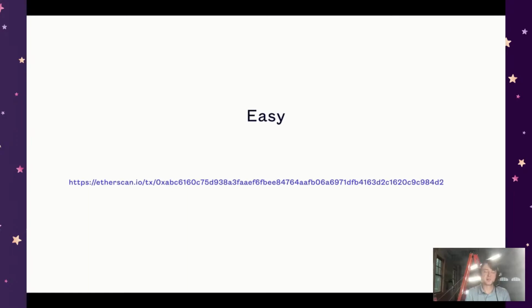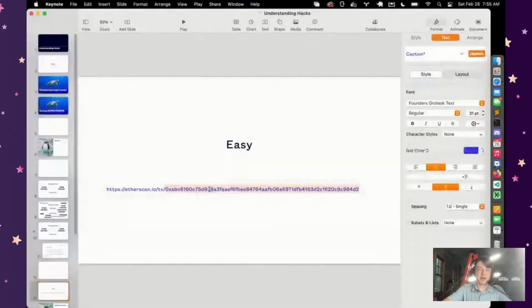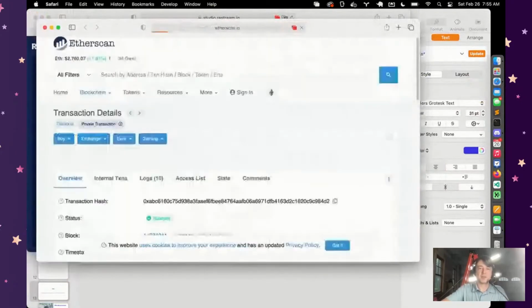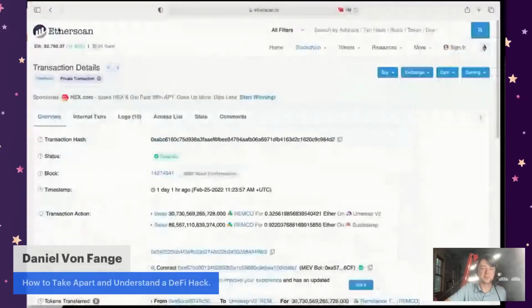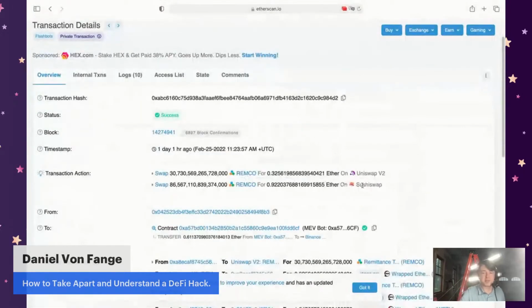So rather than continuing to talk about this from a theoretical point of view, let's walk through an attack that happened yesterday, about 24 hours ago. And so we'll step through actually how we would solve this attack here. So I'm pulling up Etherscan. We can see that somebody swapped some RIMCO tokens on Etherscan.